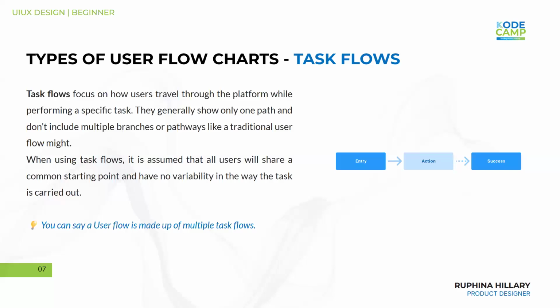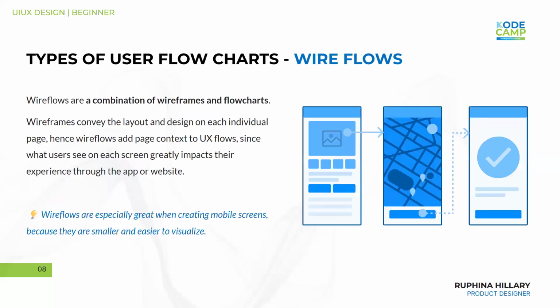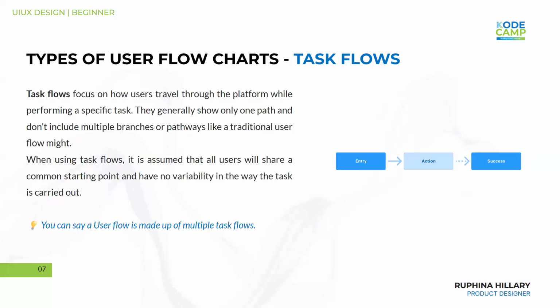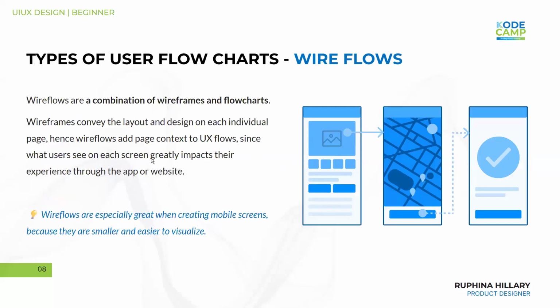Okay, so I stopped at wire flows, comparing wire flows to task flows. Like I said, at this stage of your design process, you do not want to dwell too much in the details. You're trying to ideate, you're trying to come up with a solution or to solidify your solutions.